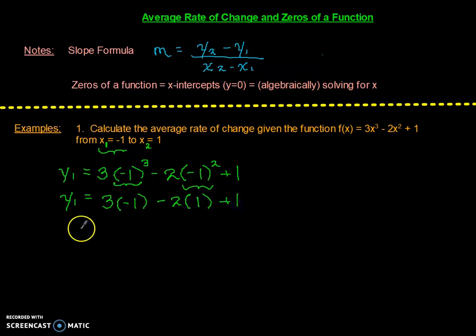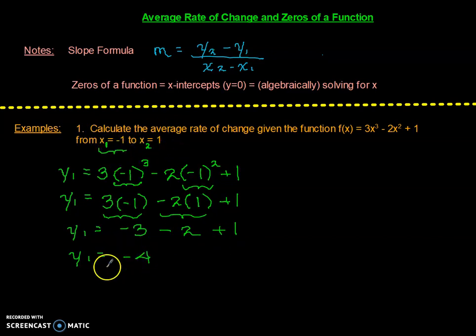After exponents, we multiply. So we have -3. -2 times 1 is -2, and then bring down the plus 1. PEMDAS states that when you're just adding and subtracting, you go from left to right. So -3 minus 2 is -5, and -5 plus 1 gives me -4.